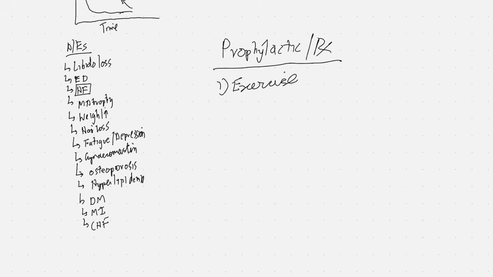If they don't have that, they need to be put on a mild to moderate exercise regimen. Now, another thing is for hot flashes, what we do is we can give either gabapentin, right? We can give medroxyprogesterone, or we can also give venlafaxine.